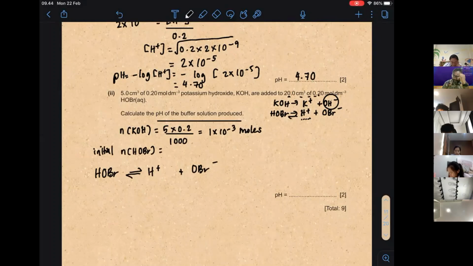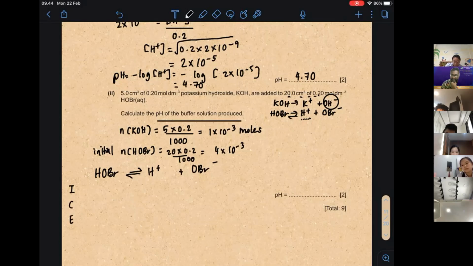This is 20 times 0.2 divided by 1000, which is 4 times 10 to the -3. If you follow ICE, initially it is 4 times 10 to the -3, and initially there was 0.